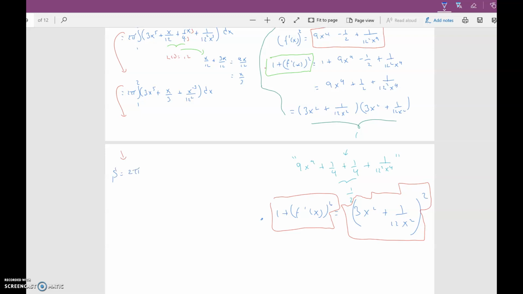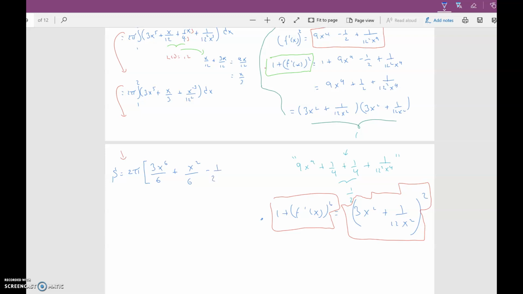So this is still 2 pi. Oh, actually, let me integrate here. So at this point, I'm just going to integrate. So you're going to get a 3x to the 6 divided by 6 plus x to the 2nd divided by technically 6, and then minus 144 divided by 2, so it'll be 288.